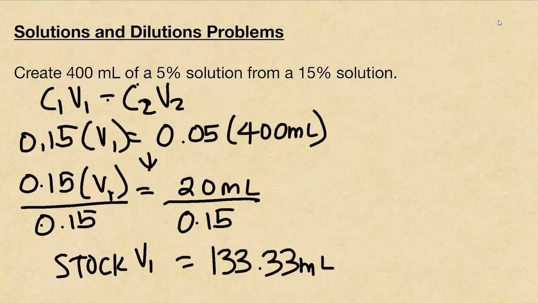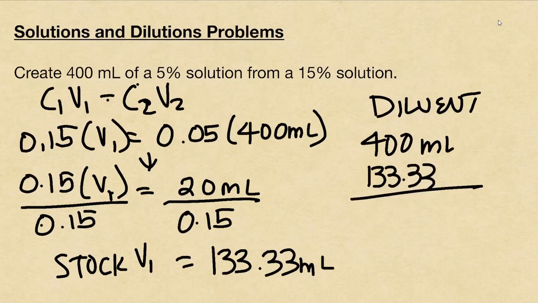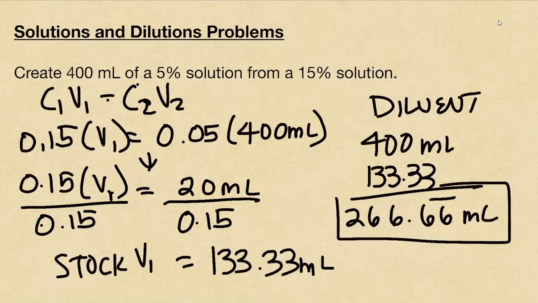And if they ask you how much diluent, you would simply subtract those. So for the diluent, I had 400, or got 400. And I'm going to subtract this 133.33 and get 266.66 repeating mLs. And that would be your diluent.